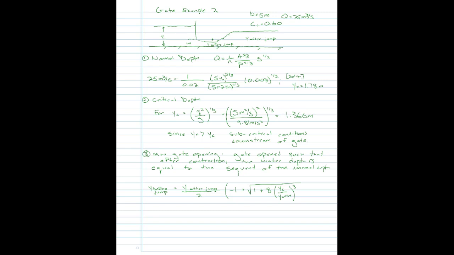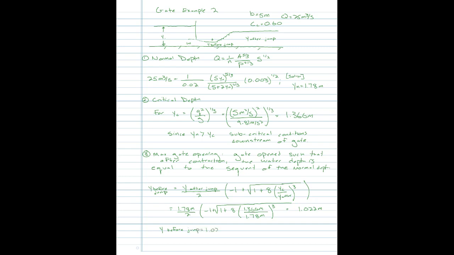So this is just one form of the hydraulic jump equation, and if we substitute in the depth after the jump, the normal depth of 1.78 meters, divided by 2, and the ratio of those two depths, 1.366 meters over 1.78 meters, cubed, that gives us a depth of 1.022 meters.